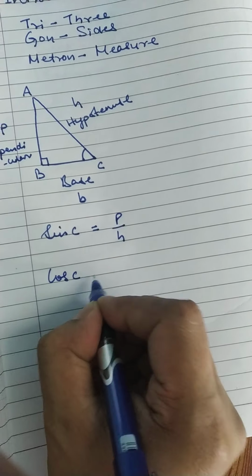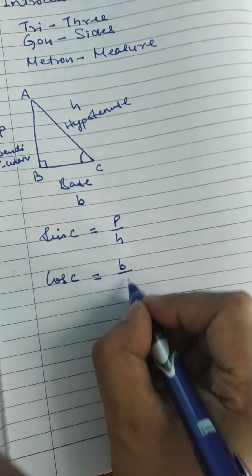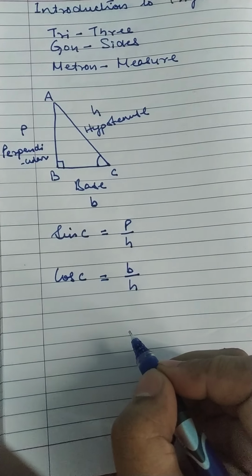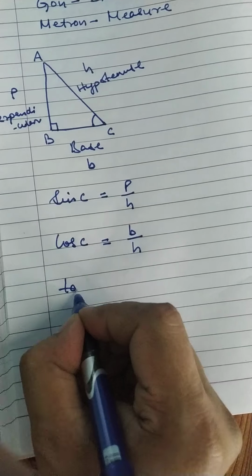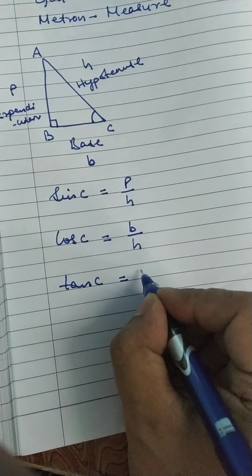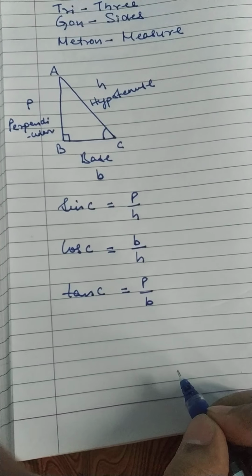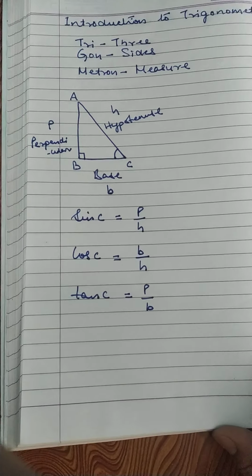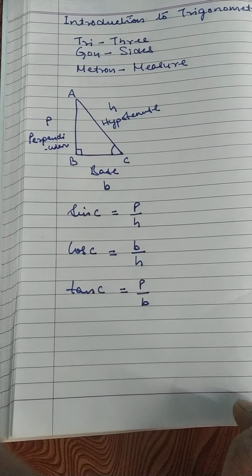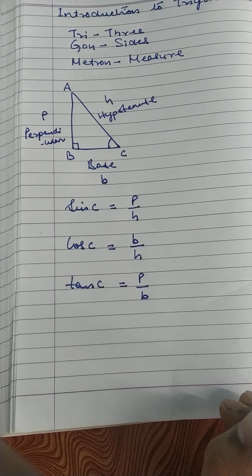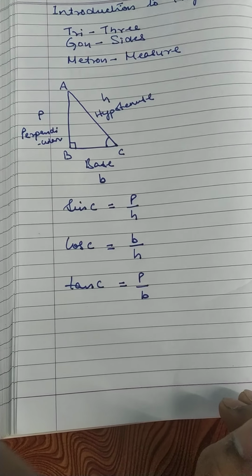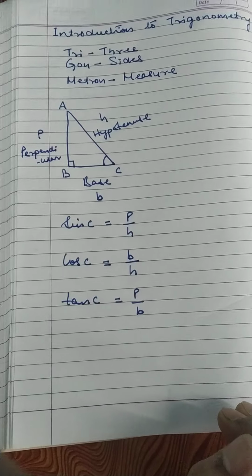Cos C is defined as base by hypotenuse. Tan C is defined as perpendicular by base. So these are the three main trigonometrical ratios with respect to the angle C.